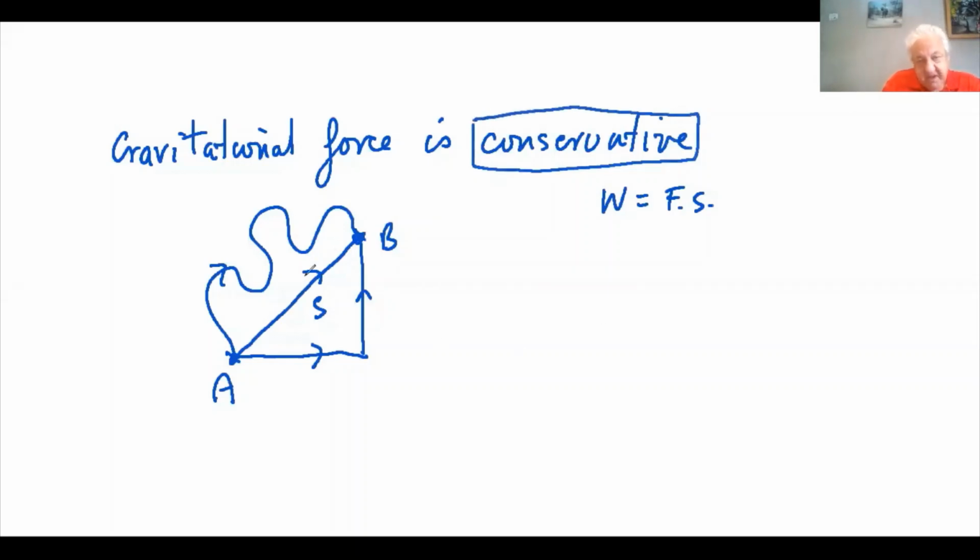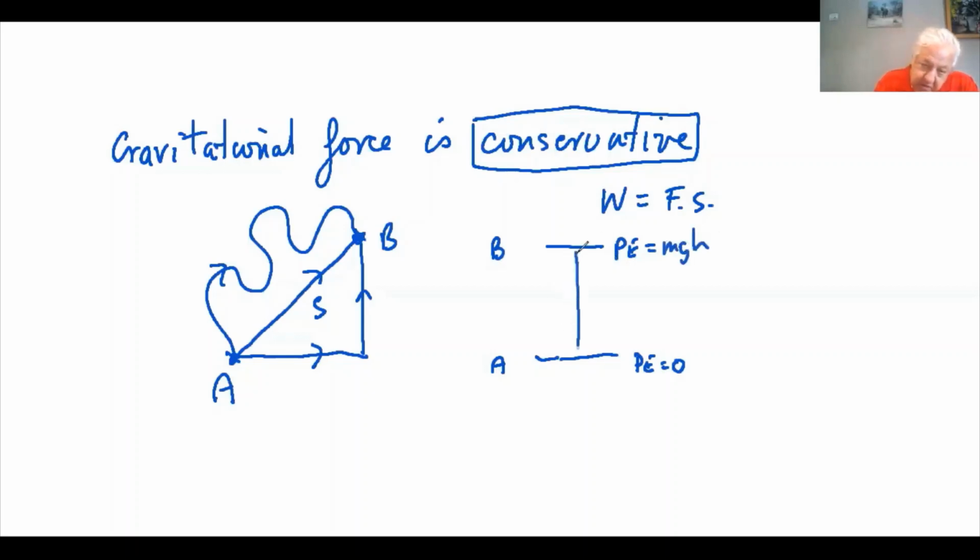So when we look specifically, and this is true for any conservative force, but if I look specifically at the gravitational force, it works between the same heights, no matter how you get to the same height. So instead of thinking of points, let's think of heights. If this is my ground level, my PE is 0. This is PE equals mgh.